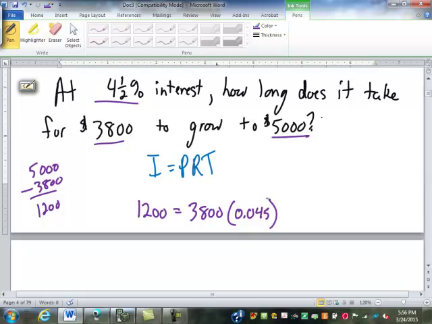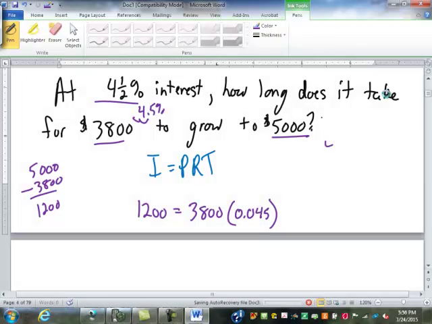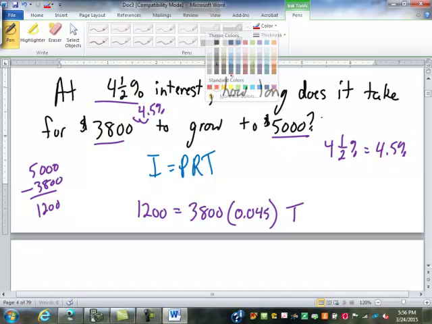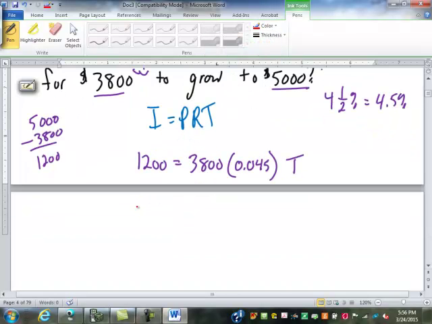Very good. You have to move that decimal point 2 spots to make it a decimal. And of course, T is what we are looking for here. So I have my 1,200 over here. I'm going to take 3,800 times 0.045.